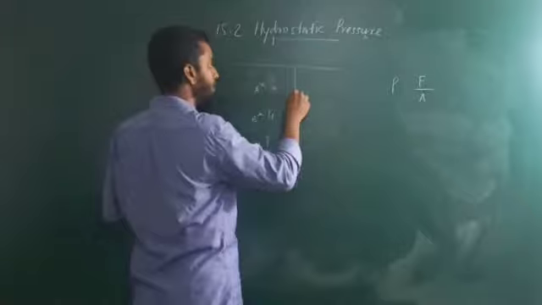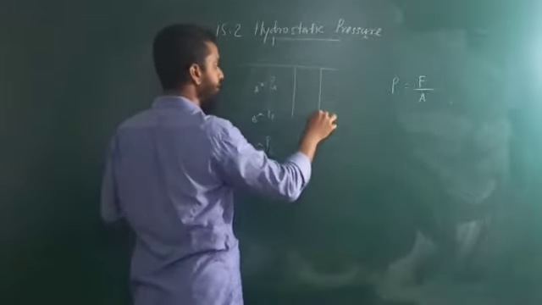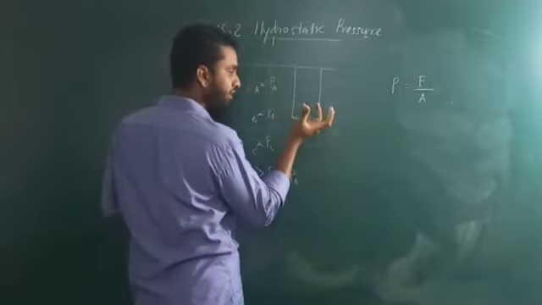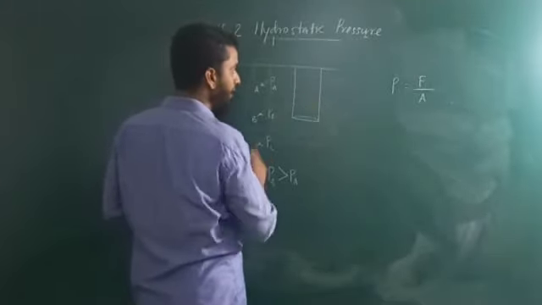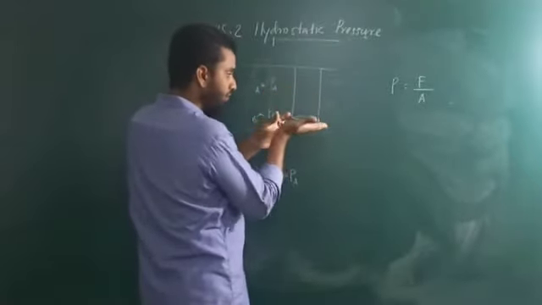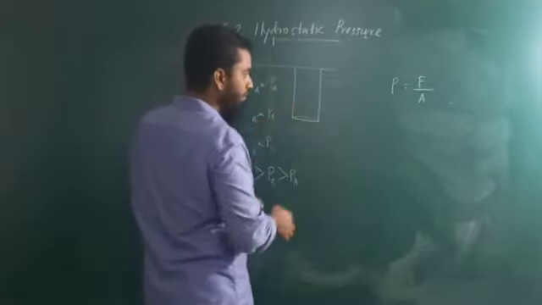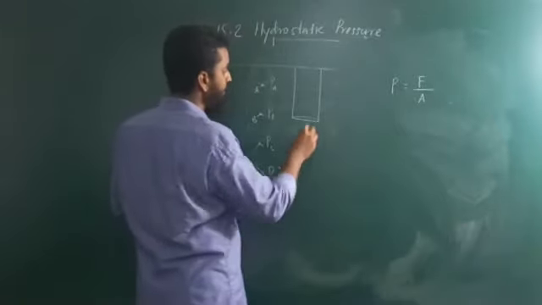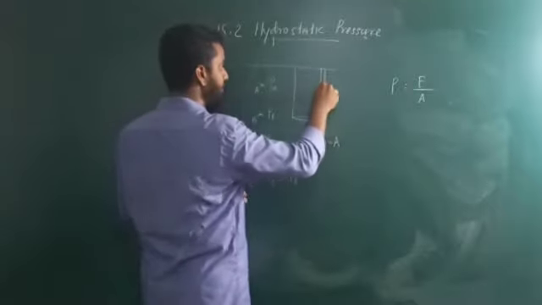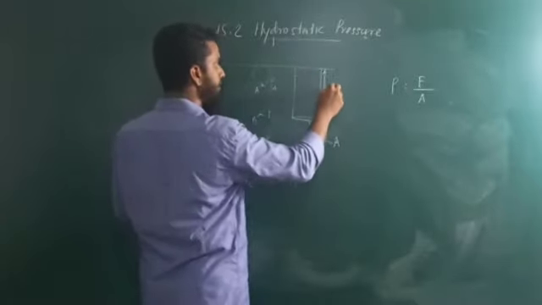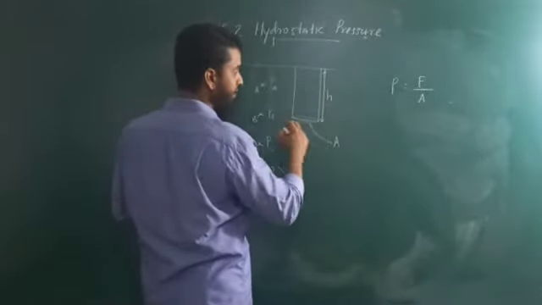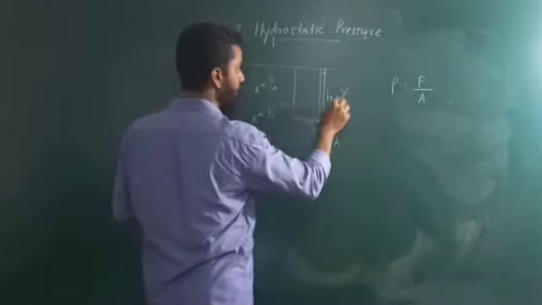Think about a small water column at this point, in the shape of a barrel, a small water column with a circular cross area. We'll take the area as A. The height of the considered water column is h. The density of the water is rho.